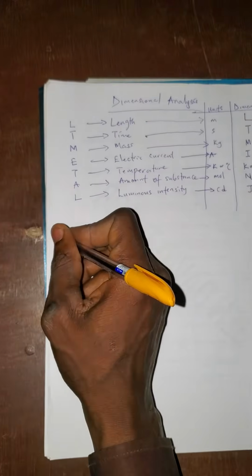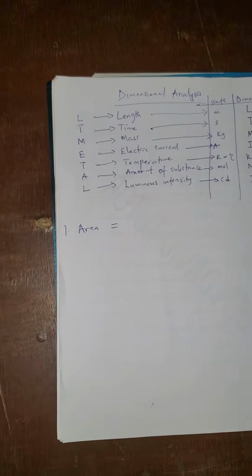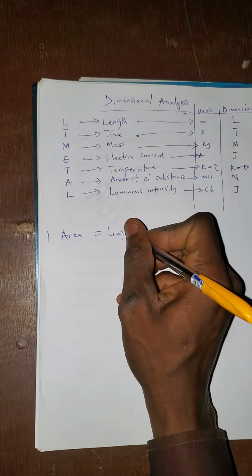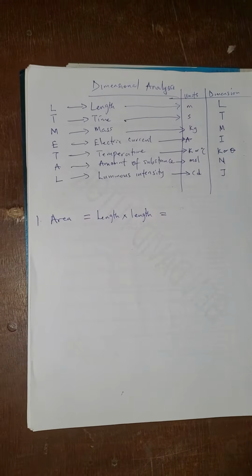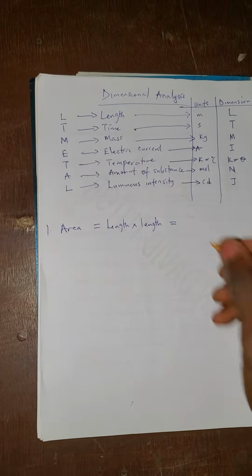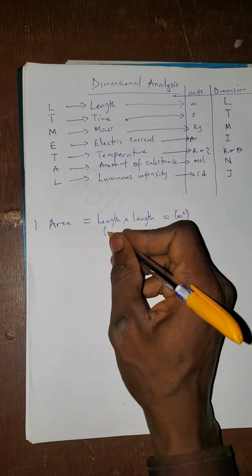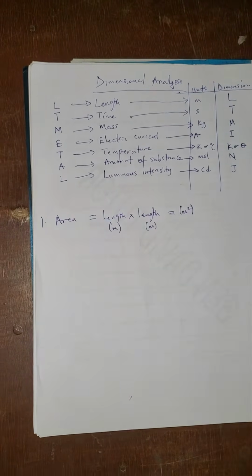Now, the first one. If you are asked to calculate the dimension of area, don't forget that area is length times length, or we say length times breadth. It is either length times length or length times breadth. One length is measured in meter and another length is measured in meter.